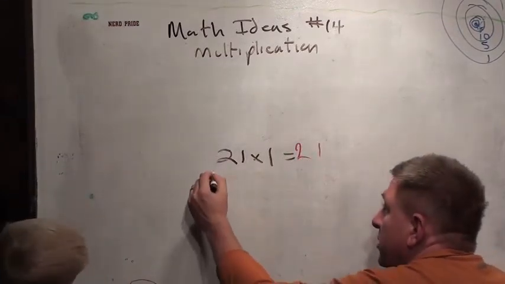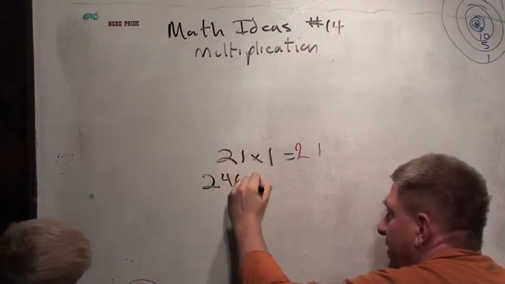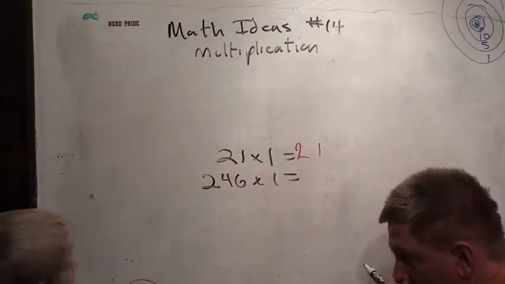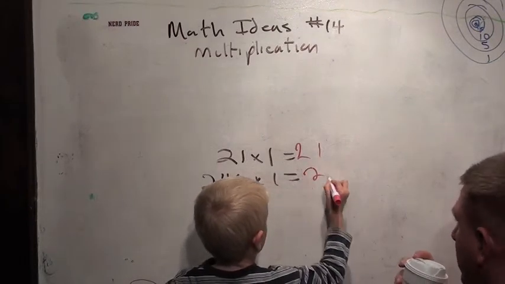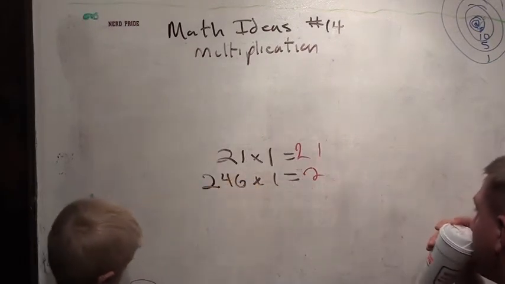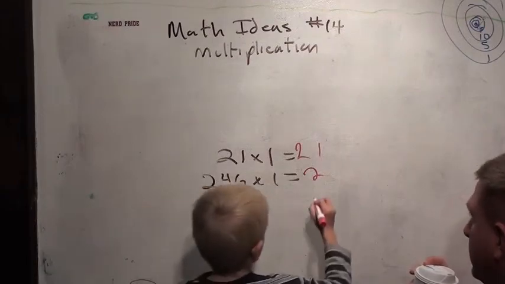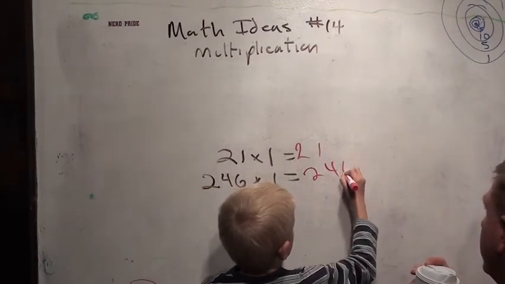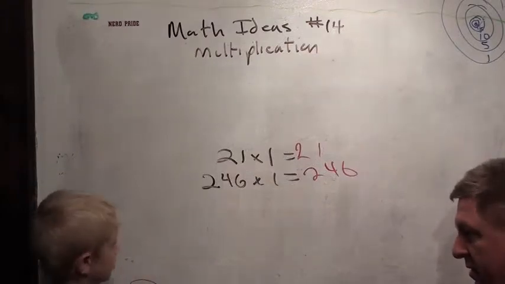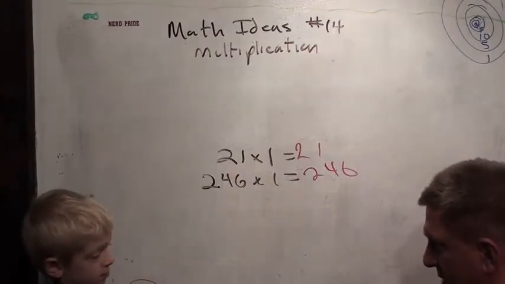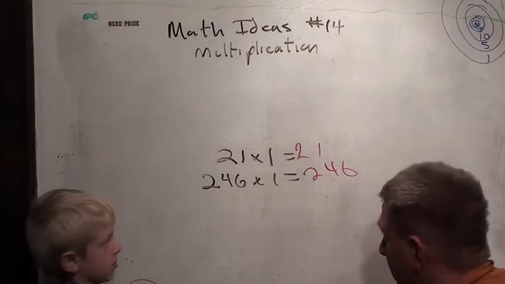And how about 246 times 1? It's 246. Well, so what's the rule about multiplying by 1? What do you do when you multiply a number by 1?